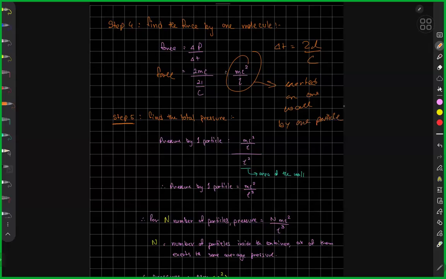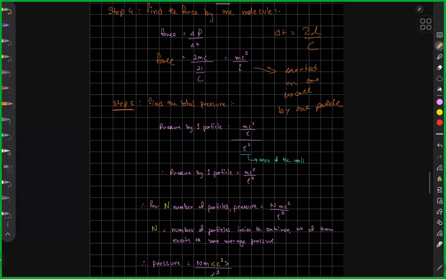So if I model a box with one particle inside, the force exerted on the wall constantly would be mc squared by L, where c is the velocity of the particle, m is the mass of the particle, L is the length of one side of the box. So this is ultimately the force exerted on one of the walls by one particle.